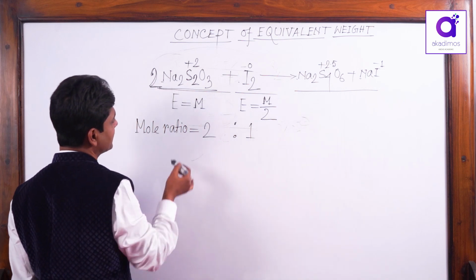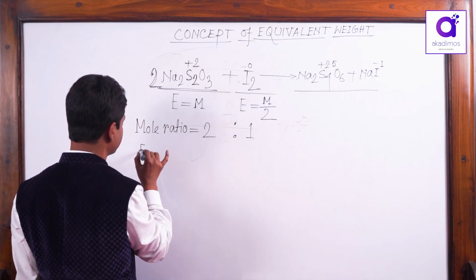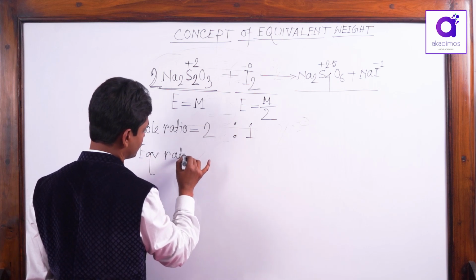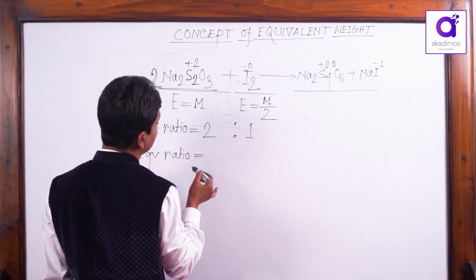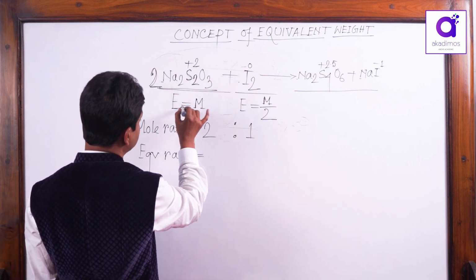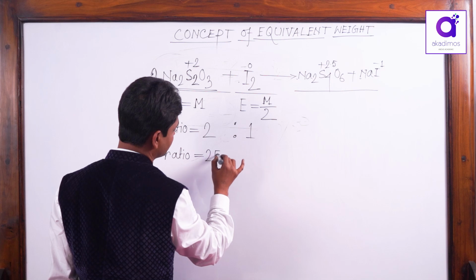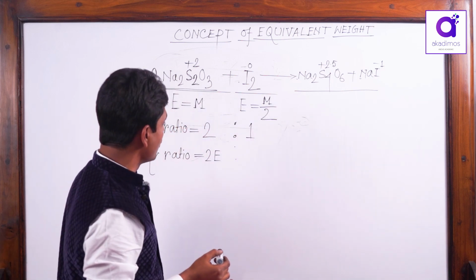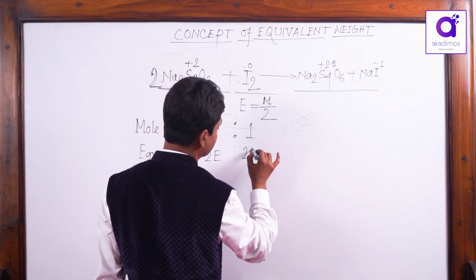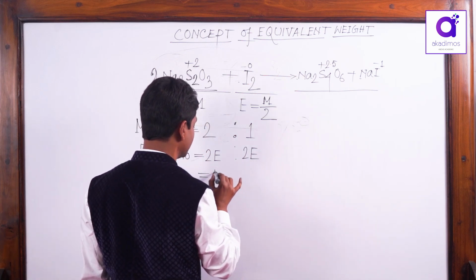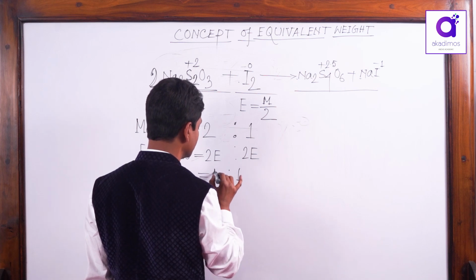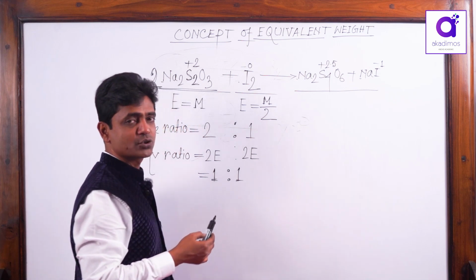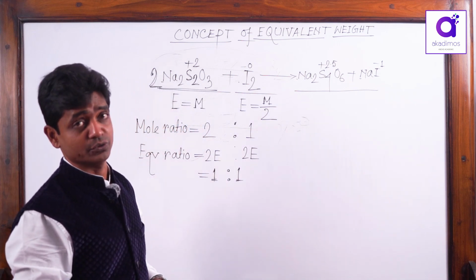But here E is equal to M by n, so look at the equivalent ratio. 2 mole means 2 gram equivalent for thiosulfate. But for iodine, E is equal to M by 2, so 1 mole equals 2 gram equivalent. That means here the equivalent ratio is 1:1. That I told you, any reaction always occurs in a 1:1 gram equivalent ratio.